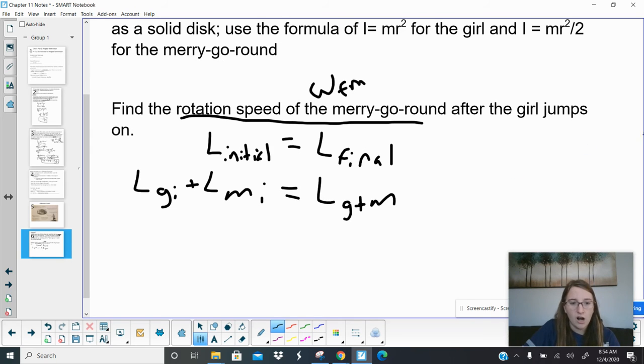So let's start off by plugging in formulas. Now, this girl is traveling in a linear path. We are talking about her angular momentum, but she is traveling in a straight line. So look back to what we just copied. What would be the formula here since she is traveling in a straight line?